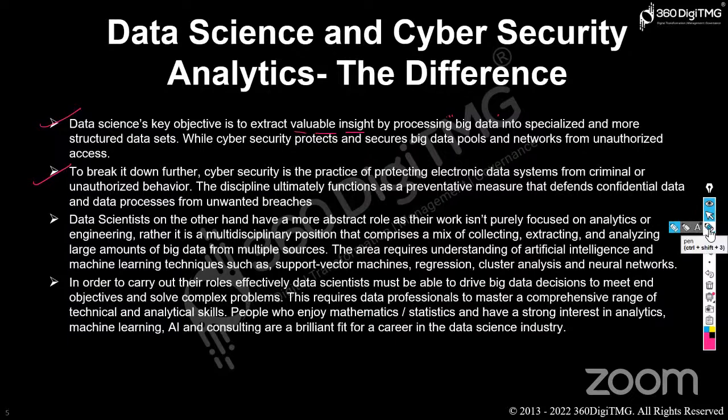It means that it comprises a mix of collecting, extracting, and analyzing large amounts of data from multiple resources. We all know that, right? We are working as data scientists or we are aspiring data scientists, so we understand that whatever is written over here is absolutely correct.